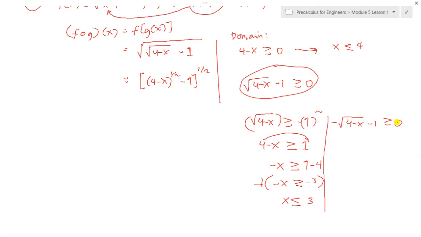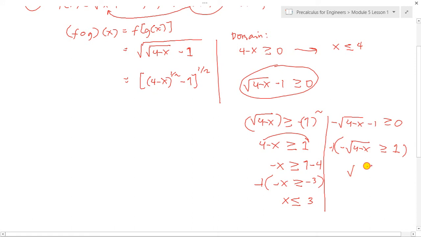Here it is the same, greater than or equal to 1, and we can also multiply both sides by negative, so we have square root of 4 minus x, and since we multiply by a negative, it becomes negative 1.